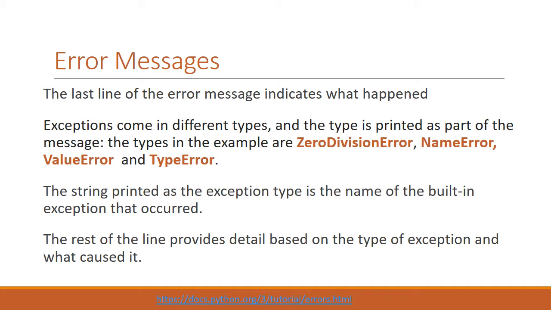Exceptions come in different types, and the type is printed as part of the message. Some of the type examples include ZeroDivisionError, NameError, ValueError, and TypeError. The string printed as the exception type is the name of the built-in exception that occurred. The rest of the lines provide detail based on the type of exception that was caused.